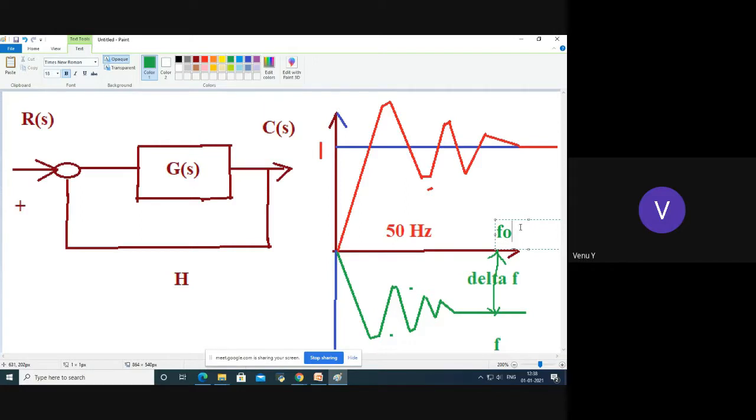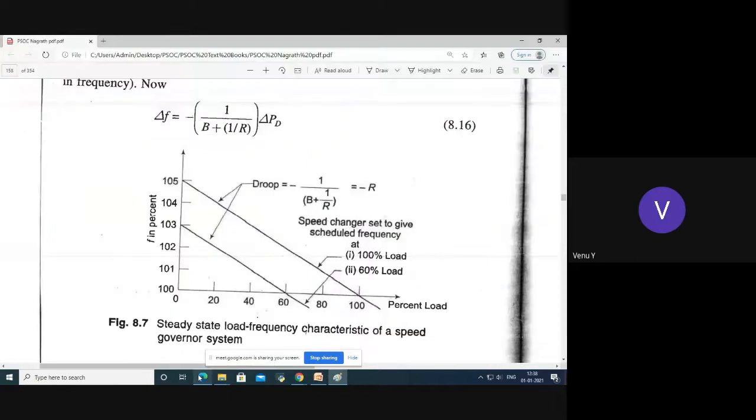If you adjust the frequency at no load equal to the rated frequency of 50 hertz, then... but if you adjust the frequency at full load equal to 50 hertz, then against the load variation the frequency will rise.